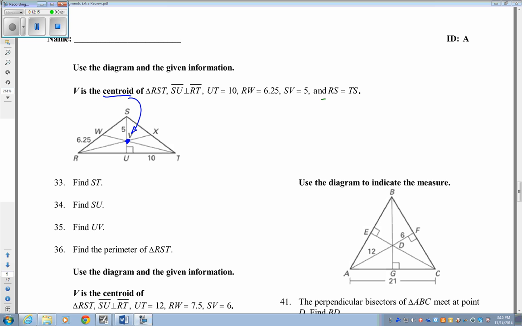So just because this is given, this side is congruent to the other side, ST. Because we're talking about a centroid, you need to go on your table and read the property for a centroid. See if we can figure out what we're going to do with that property. It's what?